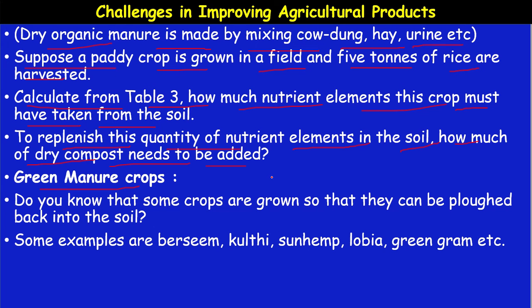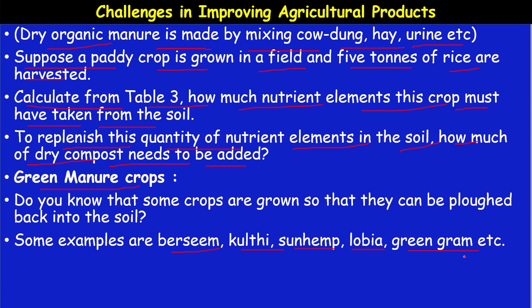Such crop plants used as manure are called green manure crops. Examples are berseem, kulthi, sun hemp, lobia and green gram. Some plants are grown for their nutrient-rich leaves just before sowing the seeds of the main crop, and these plants are ploughed back into the soil.